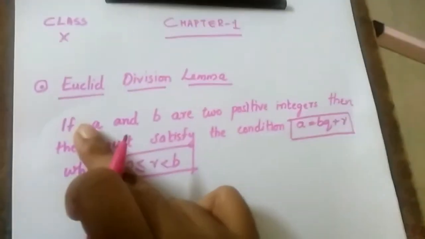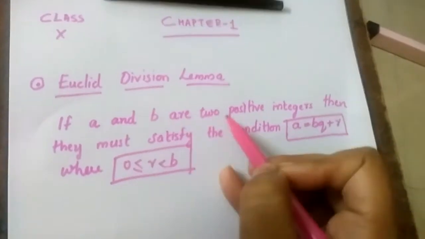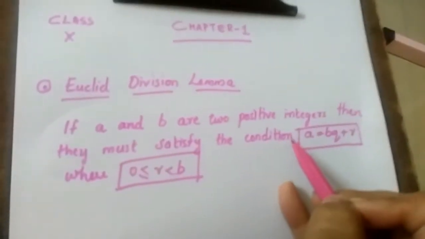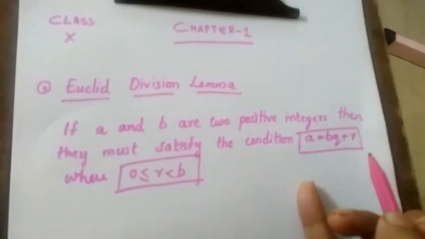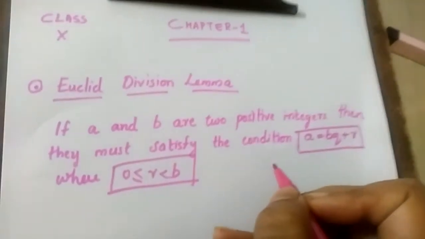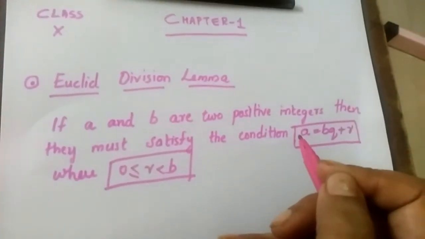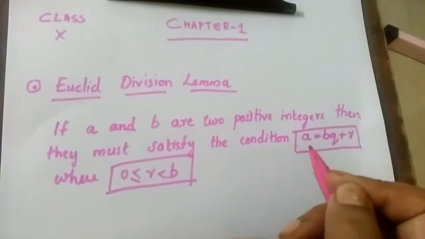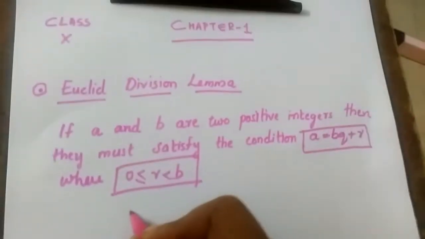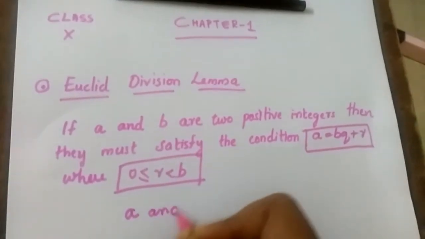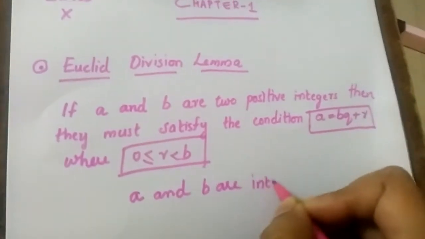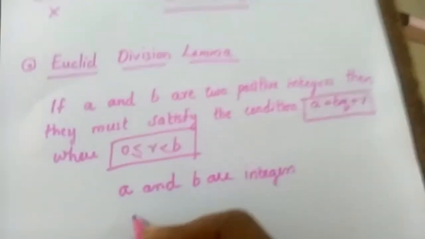If a and b are two positive integers, then they must satisfy the condition a = bq + r, where 0 ≤ r < b. Here a and b are two integers. What is q?